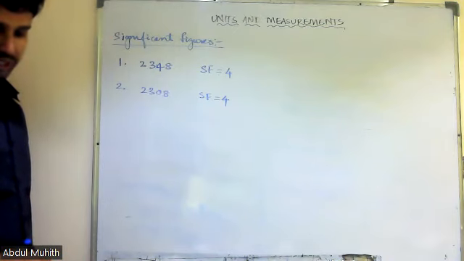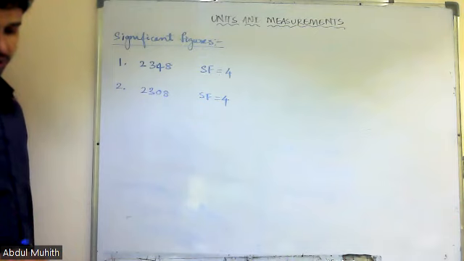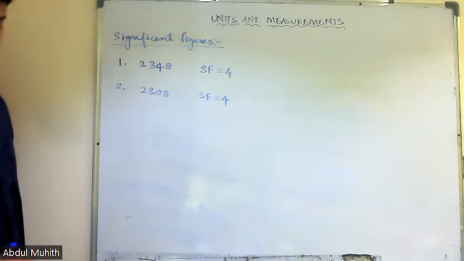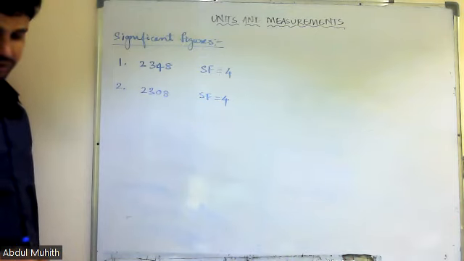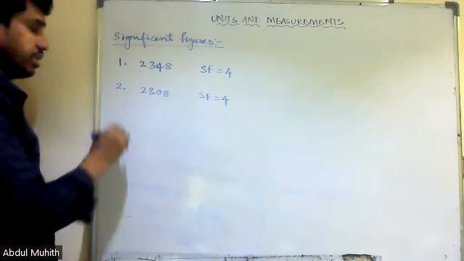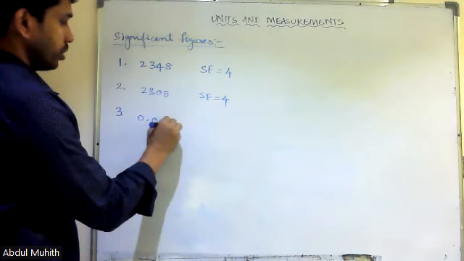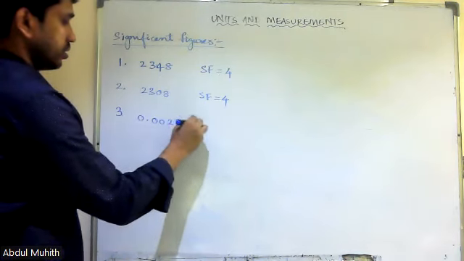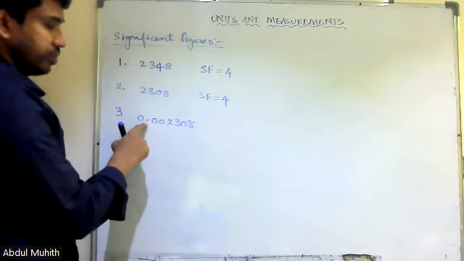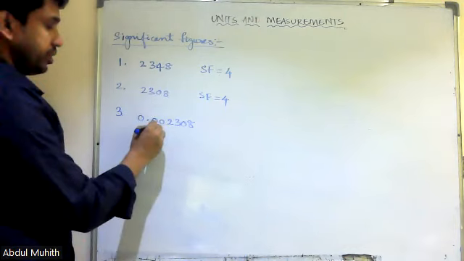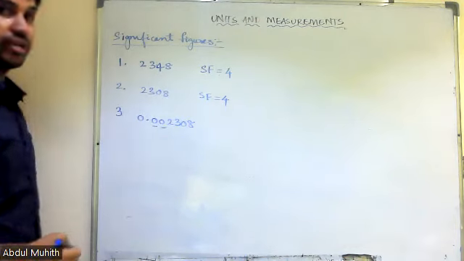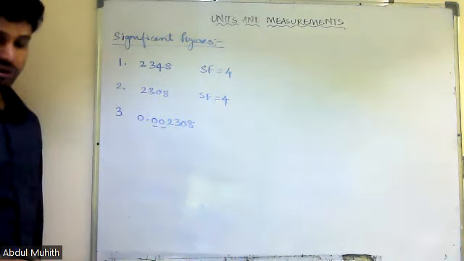If the number is less than 1, the zeros to the right of the decimal point but to the left of the non-zero digits are not significant. Example, 0.002308. It is less than 1. There is a point here. These two zeros are not significant.